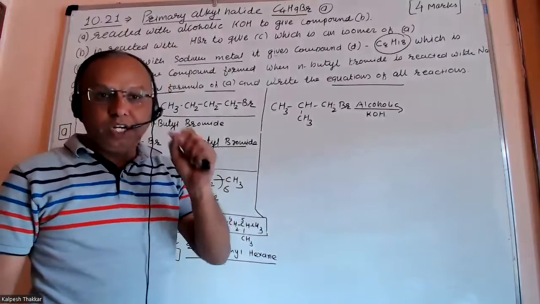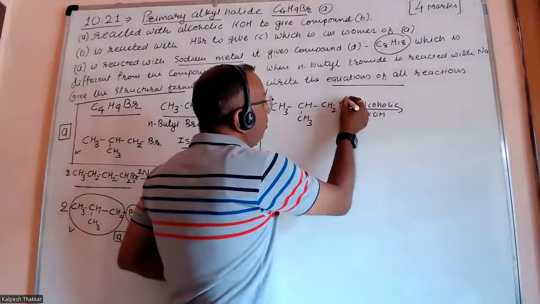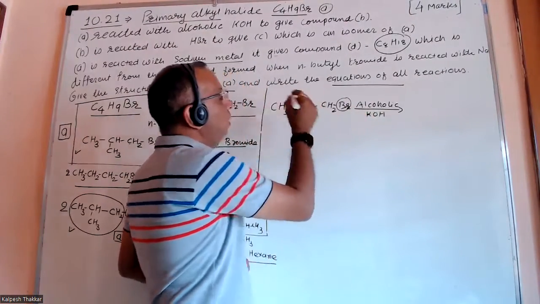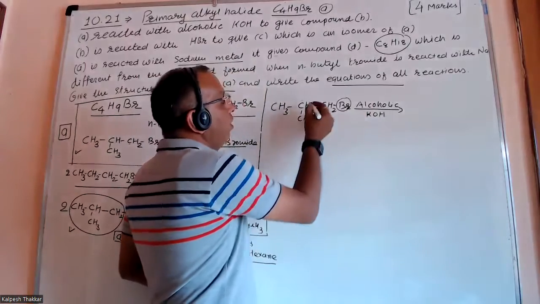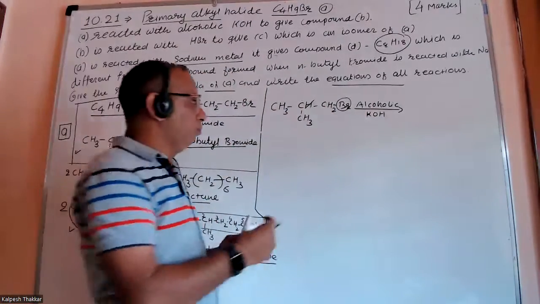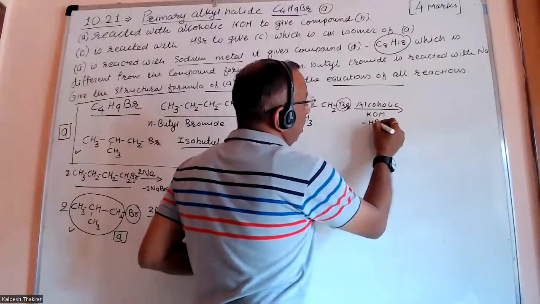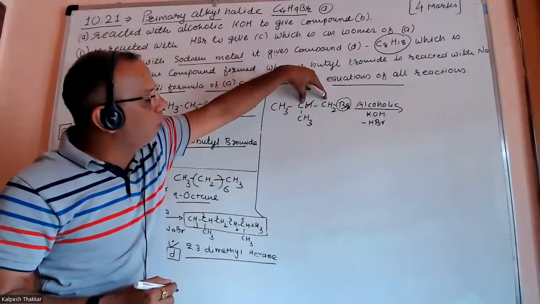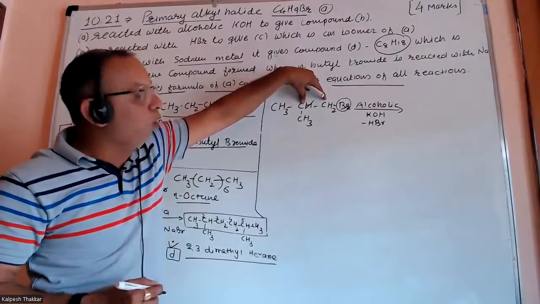Instead, it will remove the bromine from the alpha carbon and hydrogen from its neighbor carbon. This is the neighbor carbon. So from here, hydrogen will be removed. So HBr will be removed, and between these 2 carbons there will be a double bond.